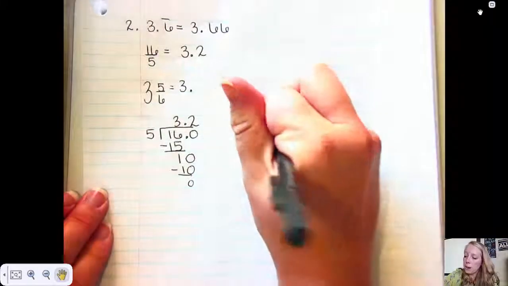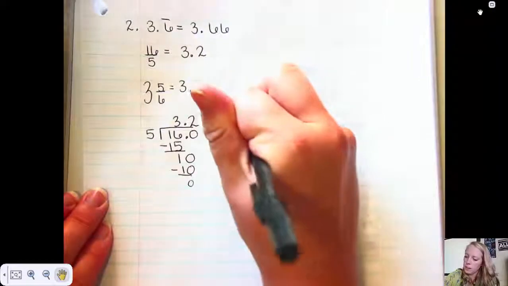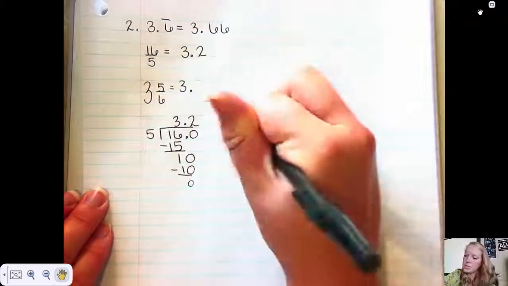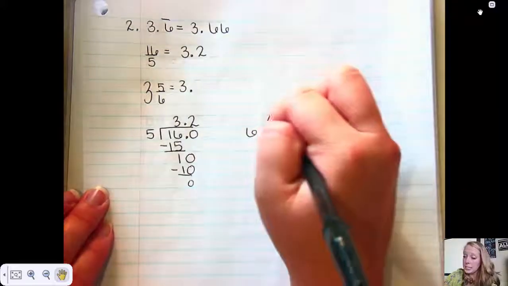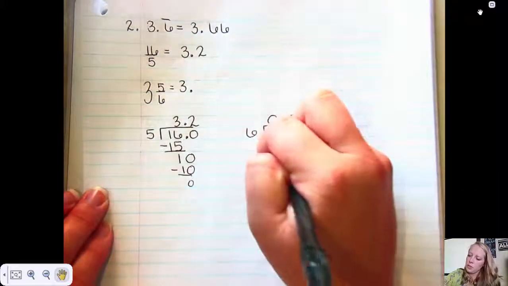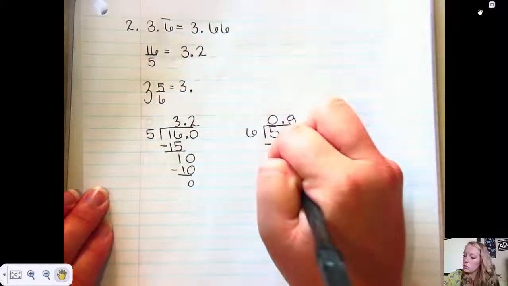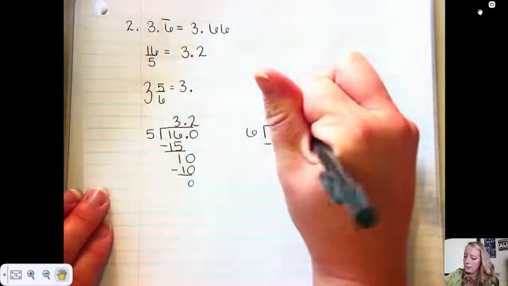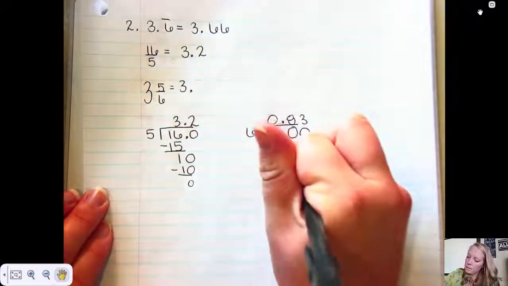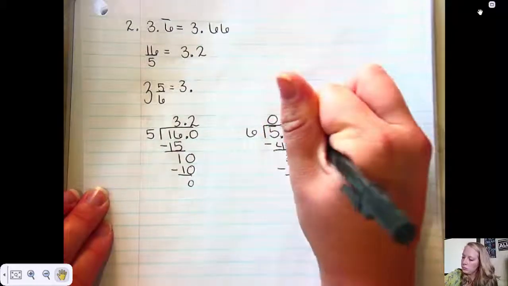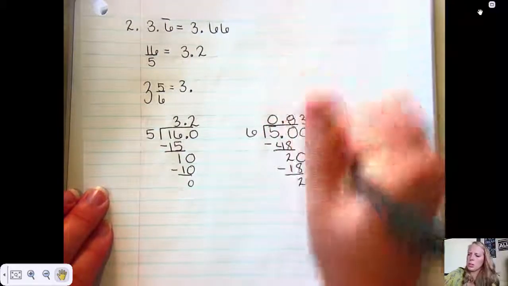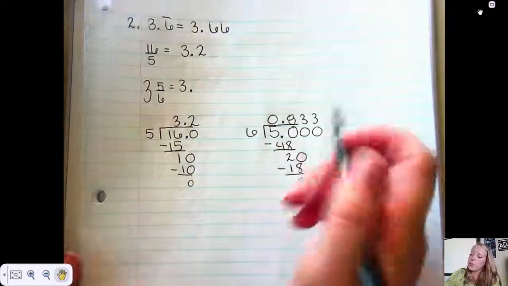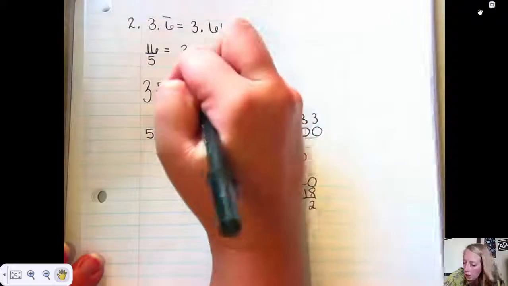We need to convert the fraction of 5/6. 6 goes into 5 0 times. 6 goes into 50 8 times. 48. 50 minus 48 is 2. Drop down. 6 goes into 20 3 times. Remainder of 2. So it's repeating the 3. So you've got 0.83 repeating.